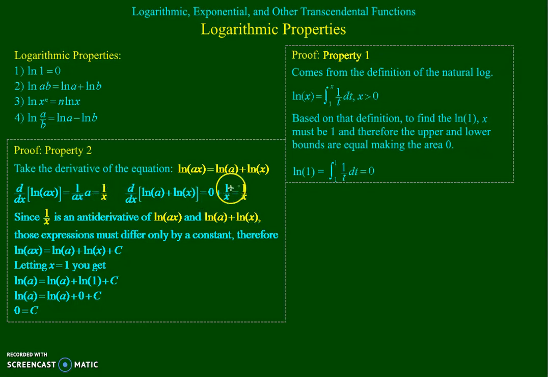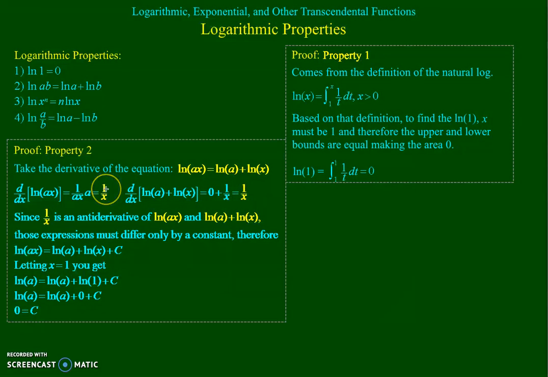Now if we consider the derivative of the right side, ln of a plus ln of x, we get this. Since ln of a is a constant, the derivative of a constant is 0. And the derivative of ln of x is 1 over x times the derivative of x, which is just 1. So again we have the derivative of ln of ax is equal to the derivative of ln of a plus ln of x, which is 1 over x.